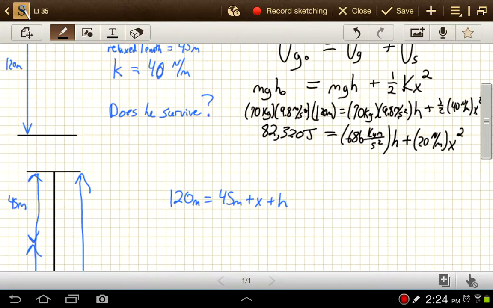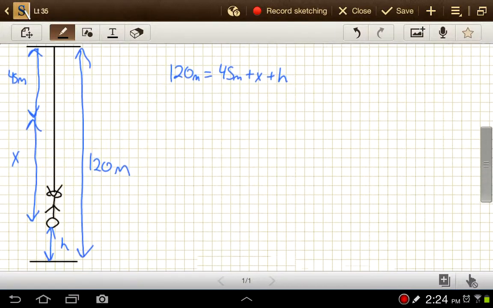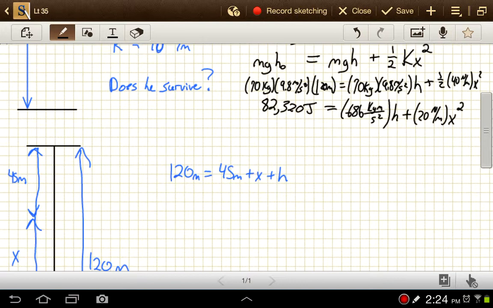All right, now ultimately I'm going to be looking for h, I guess, is probably the easiest way to do this. And I want h to be some positive value. I want him to have some positive height at the end of this problem. So let me just rearrange this equation so that I can plug in an expression for x into this equation and then use that to solve for h.